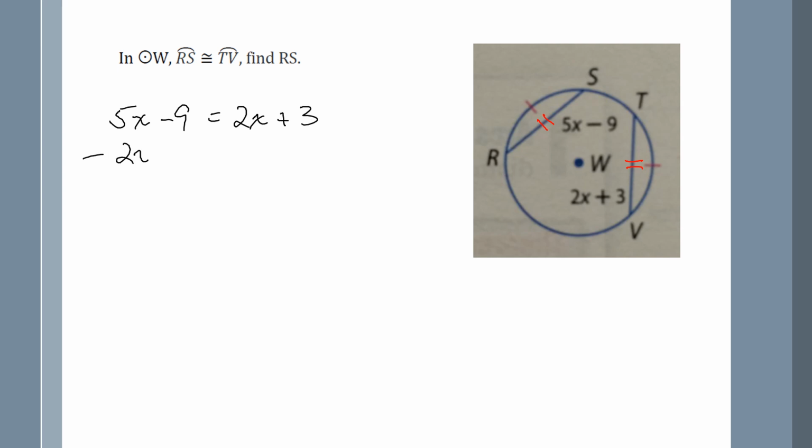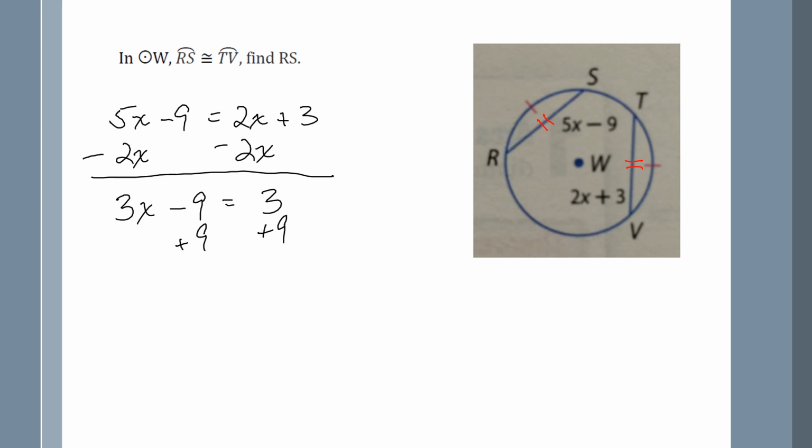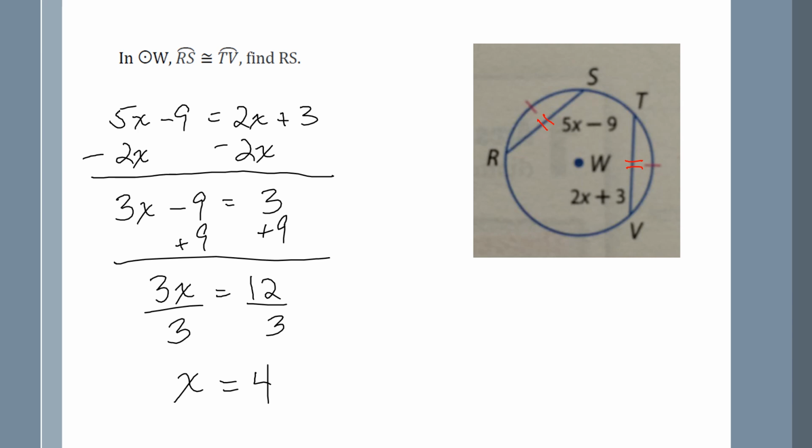Subtract 2x from each side. I get 3x minus 9 equals 3. I'm going to add 9 to each side. 3x equals 12. Divide each of these by 3, and x is equal to 4.